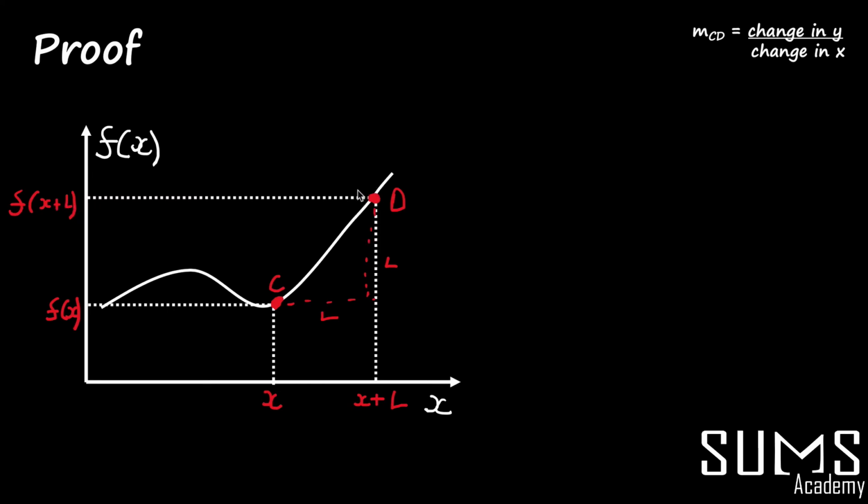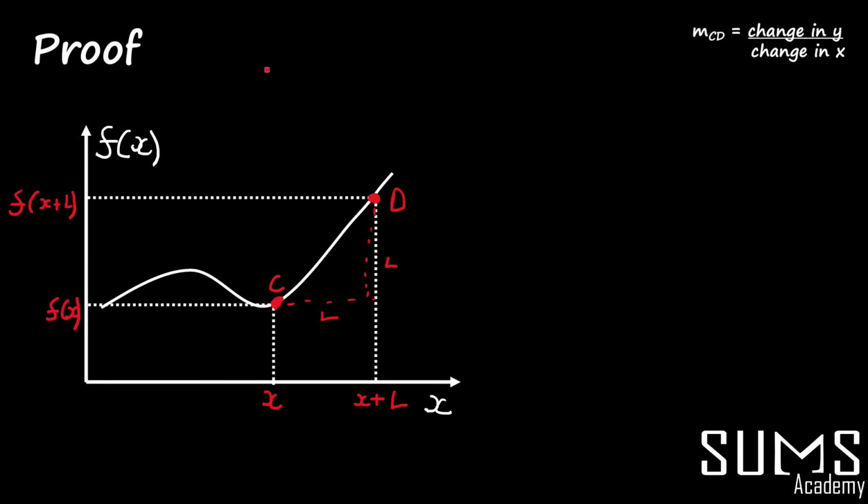So basically we can get a general form for differentiation by using our gradient formula. We'll take these two points, C and D, and put them into the gradient formula, and then we'll see what happens. Okay, so I'll just mark our points here.